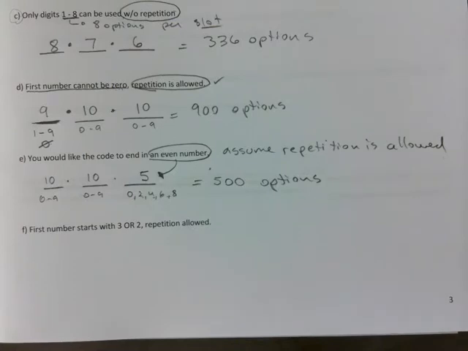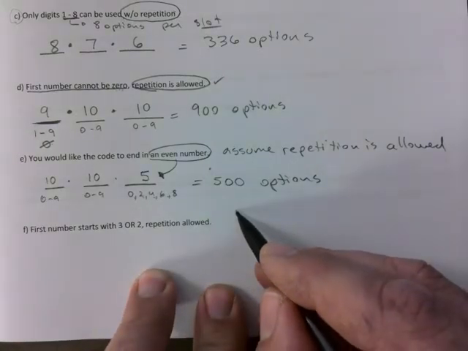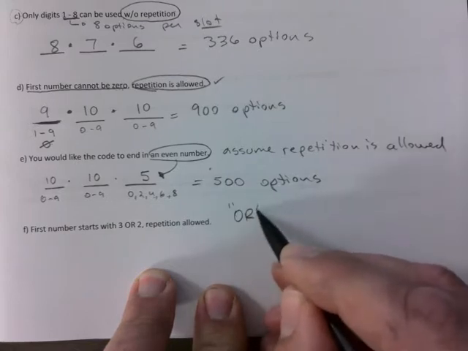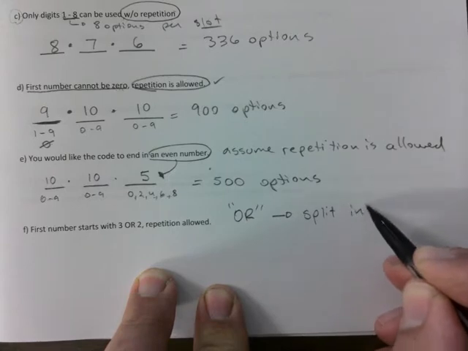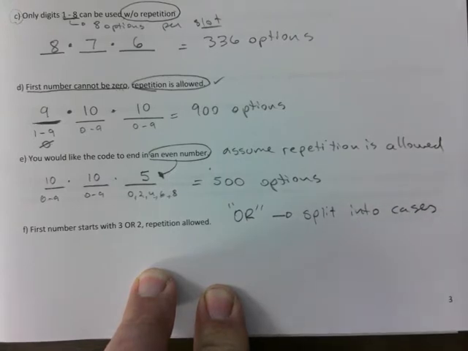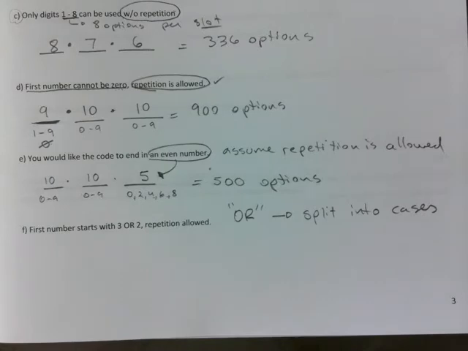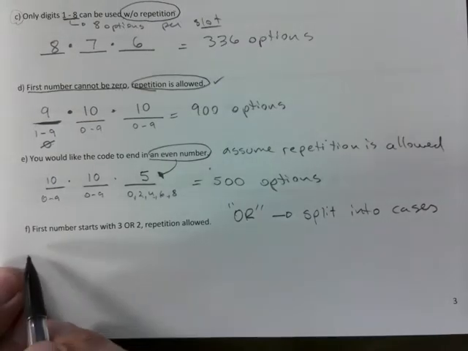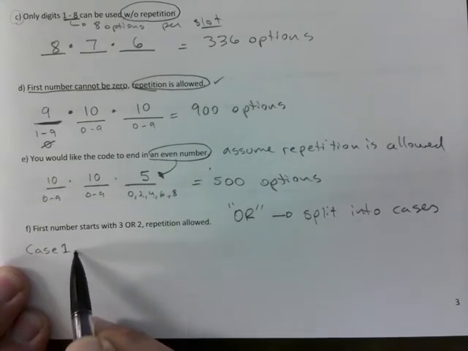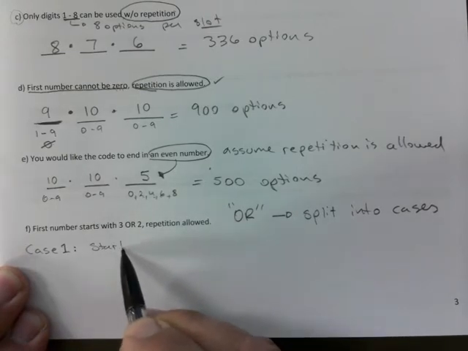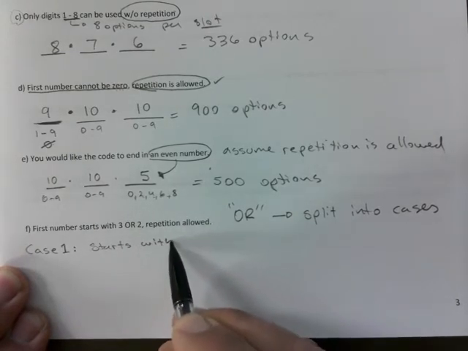And here is where I introduced the OR. You see OR in capitals. So cases. You have to split into cases. I want you to already start thinking about cases. Case 1, starts with 3.